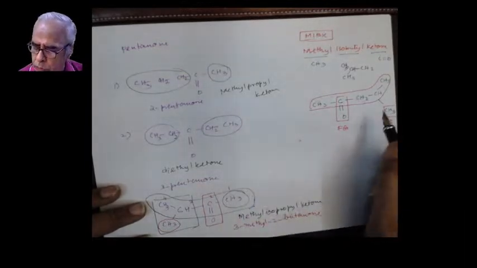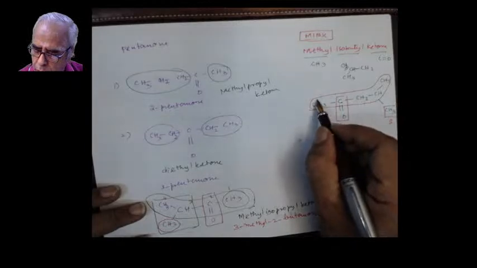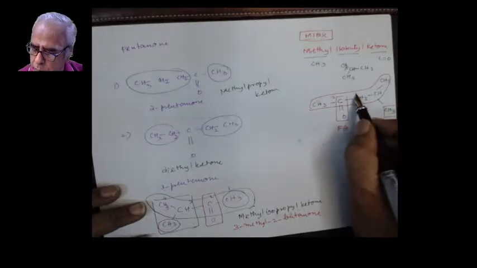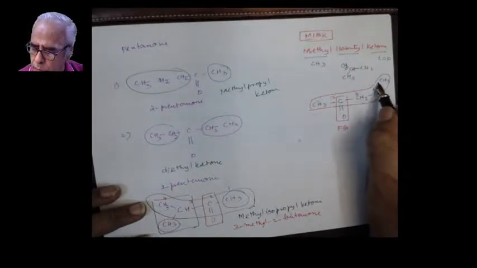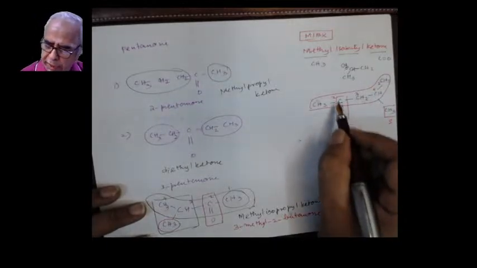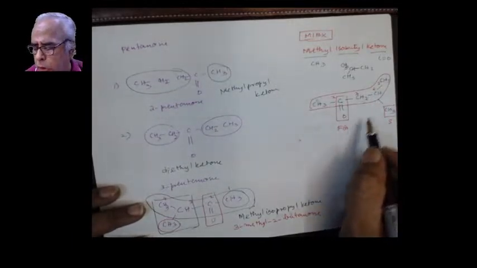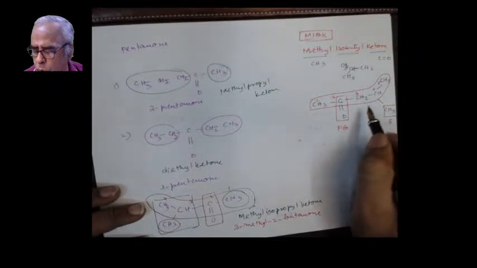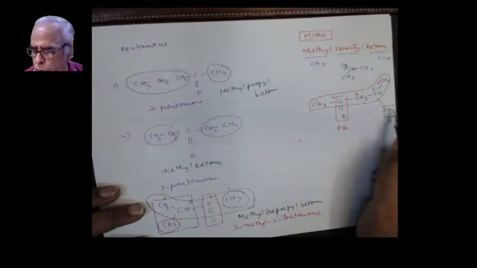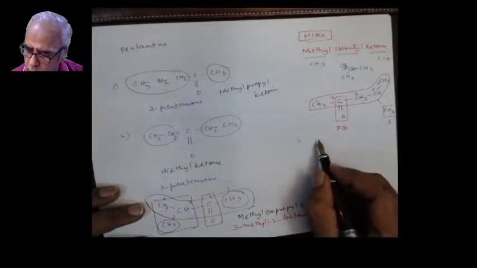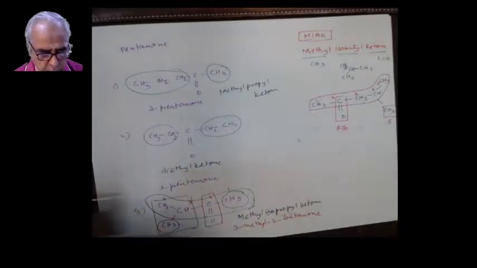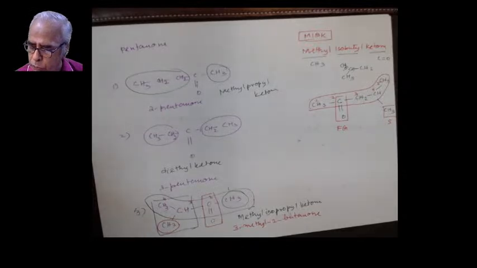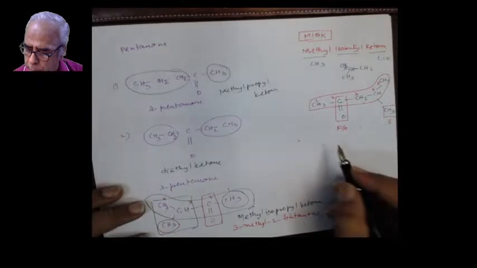So number it 1, 2, 3, 4, 5. In the second position, ketone is there. Totally 5 carbon atoms, so 2-pentanone and 4-methyl. So what is the IUPAC name for this? The IUPAC name for this compound is 4-methyl-2-pentanone.